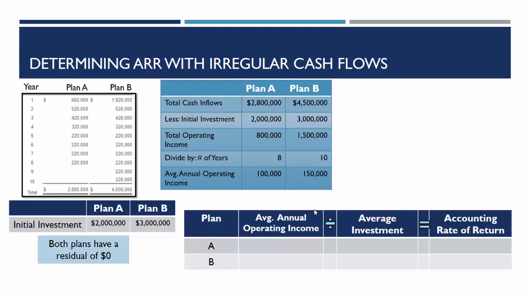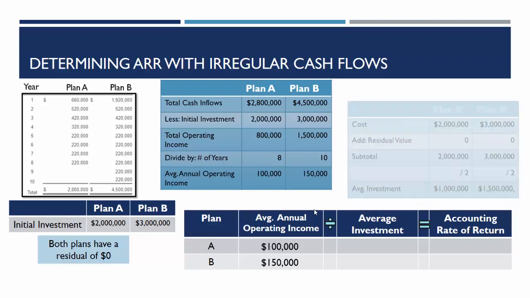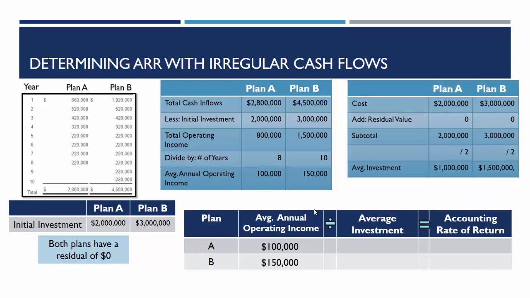So our average annual operating income for Plan A is 100,000, and for Plan B it's 150,000. Let's divide that by our average investment. Again, for your average investment, you take how much you have in it on the first day and how much it's worth on the last day. First day is going to be your initial investment. So Plan A has a cost of 2 million, Plan B has a cost of 3 million.